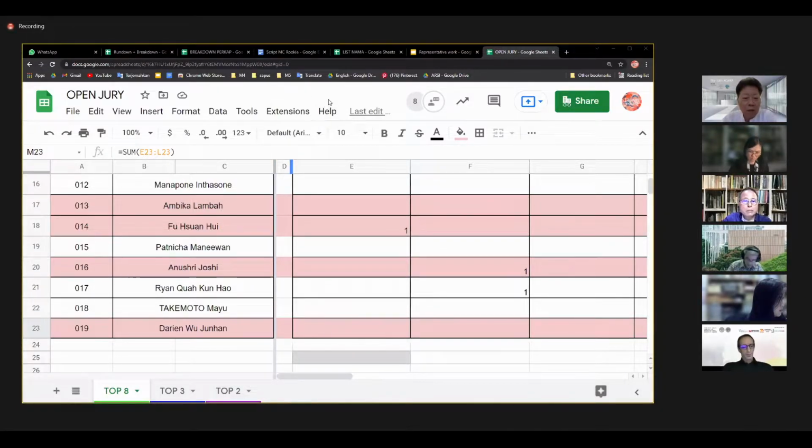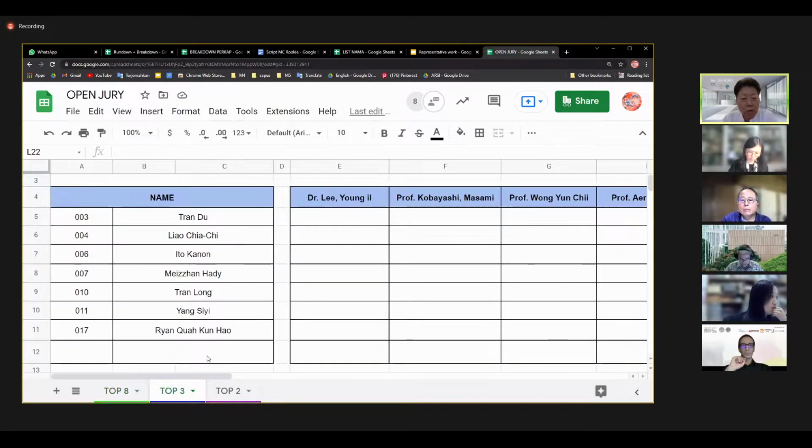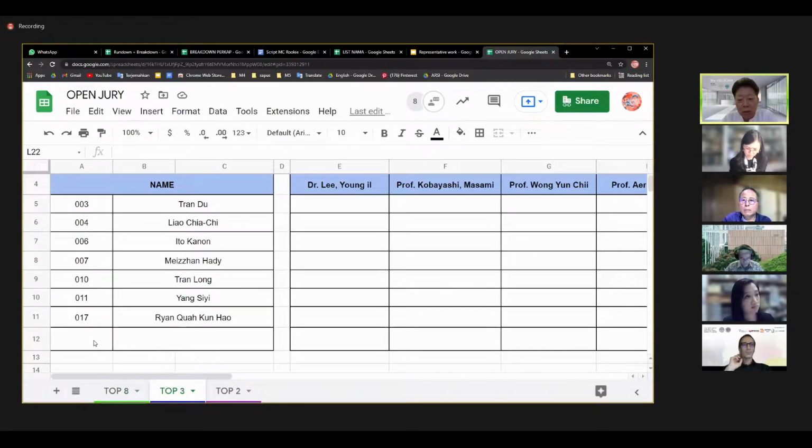Dr. Lee Yong-il, do you have any advice on how we can decide the 8th? There are two students or 3. Two students got 4 votes.